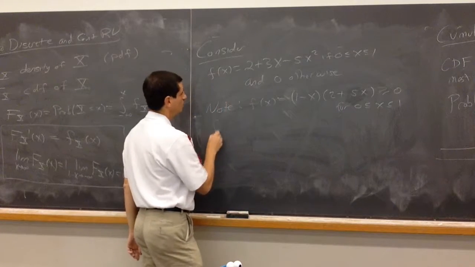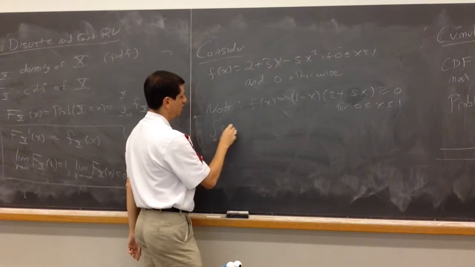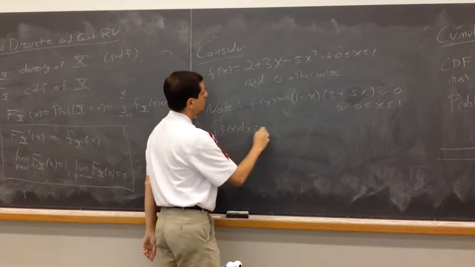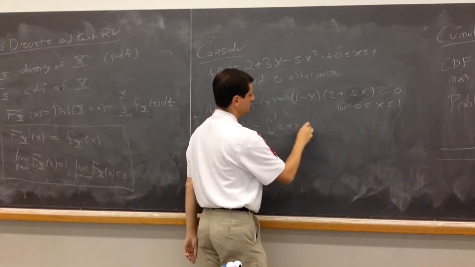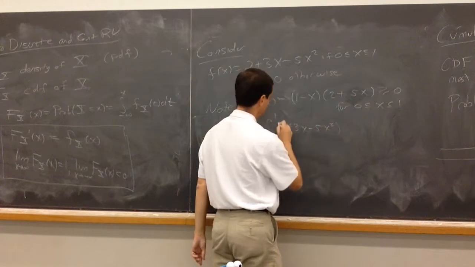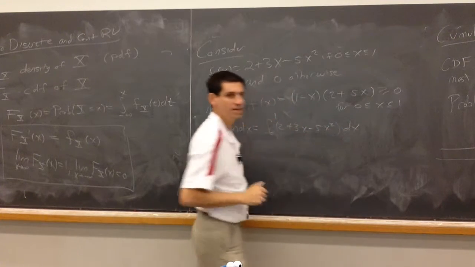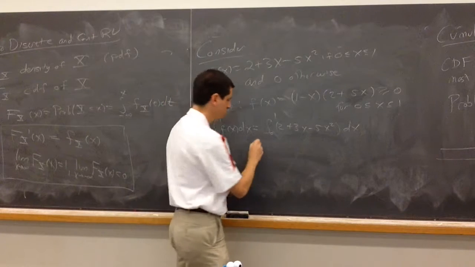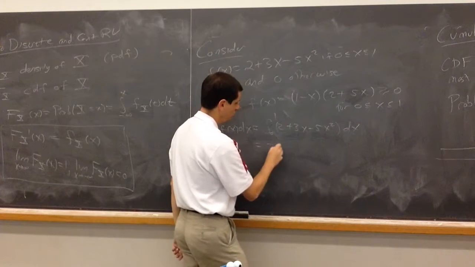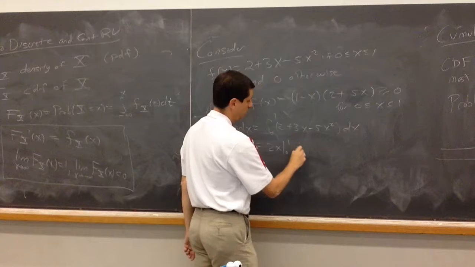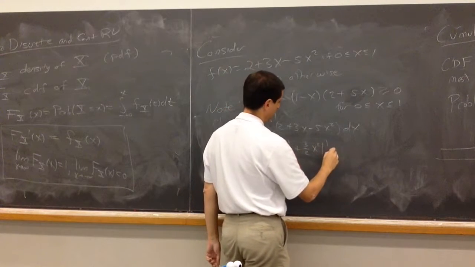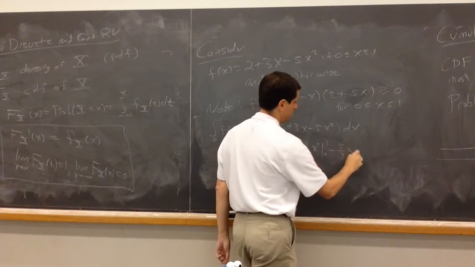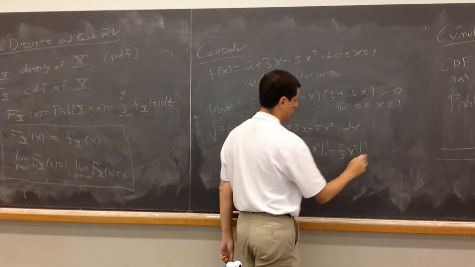So we want to integrate from 0 to 1 of f of x dx. And this is the integral from 0 to 1 of 2 plus 3x minus 5x squared dx. It's about time we finally use the calculus prerequisites for this class. So we integrate this, we get 2x at 0 and 1 plus, I think, 3/2 x squared at 0 and 1 minus 5/3 x cubed at 0 and 1.